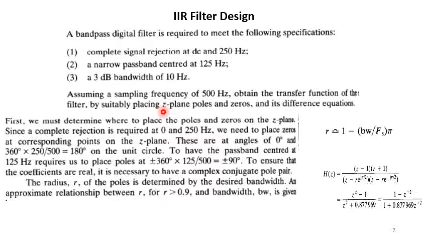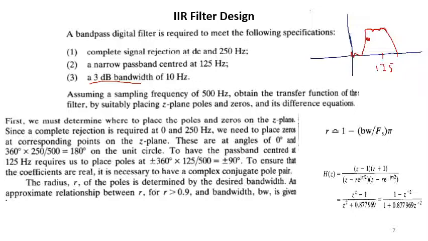Let me plot the tolerance scheme. The 3 dB point is where the response is 0.707, because in the pass band ideally it has a value of 1, but there are some ripples.